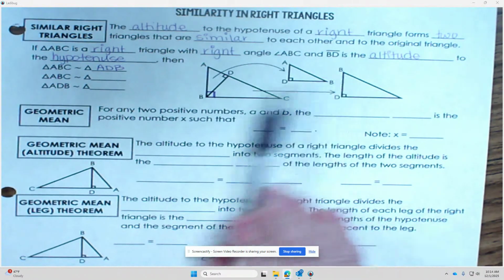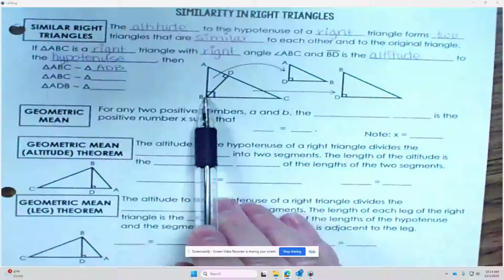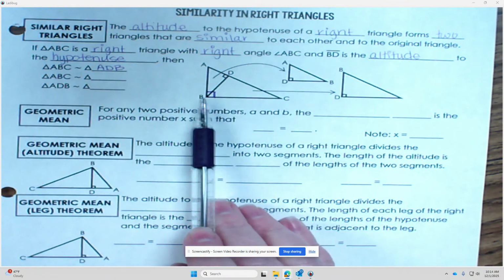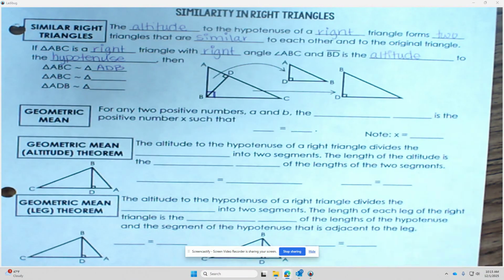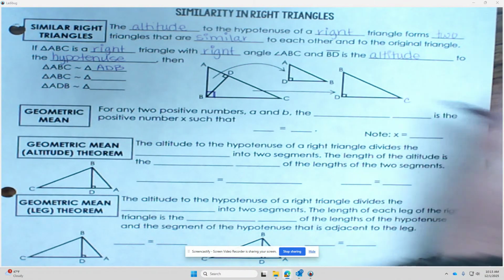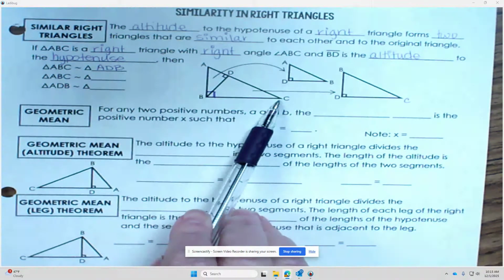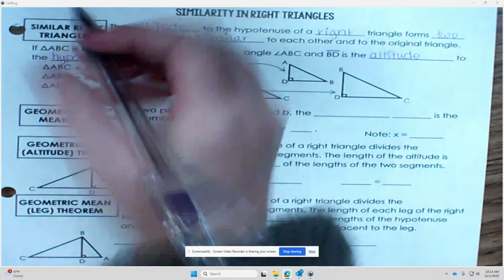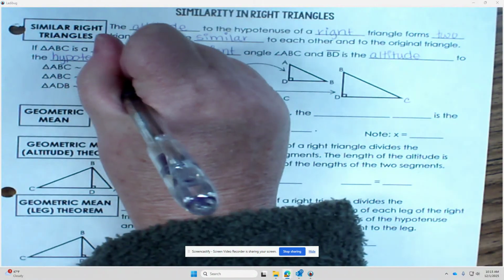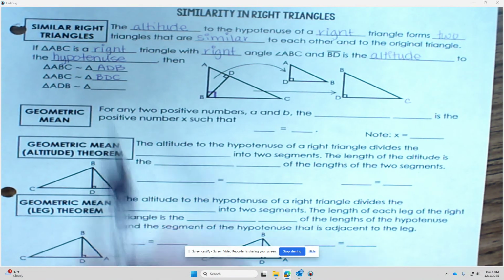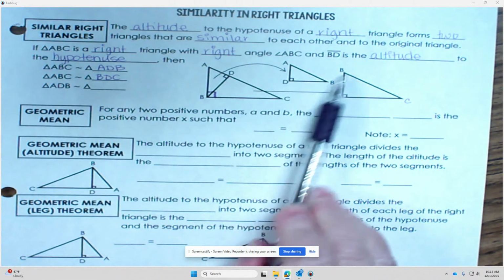B is going to correspond with B. D is going to be my right angle, so that's going to correspond with B. And then this missing angle over here is going to be C. Okay, so I would say triangle ABC is going to be similar to triangle BDC. Not only that, but I can say ADB is similar to BDC.